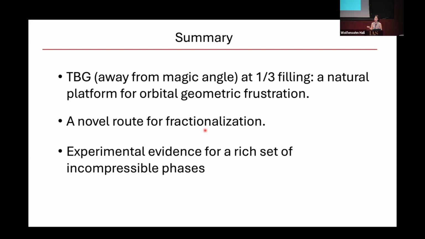Or maybe we can just stop even at the effect of interaction. And so there is a novel route to fractionalization. One can now start asking questions like, can we somehow go between fractionalization associated with this cluster charging interaction and something that involves electrons moving around, such as a fractional Chern insulator?